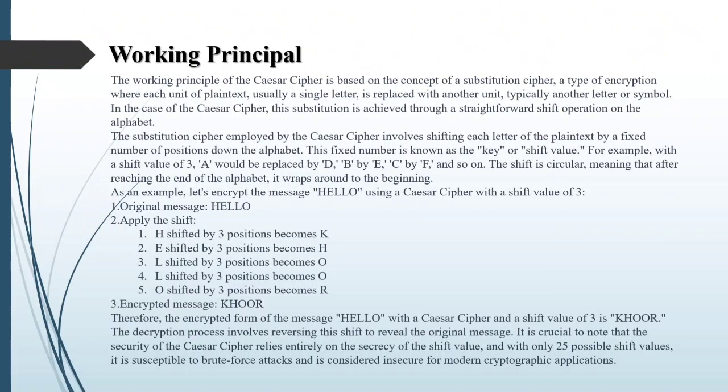Applying the shift, H shifted by 3 positions becomes K, E becomes H, L becomes O, again L becomes O, and O becomes R. The encrypted message is KHOOR. So the encrypted form of the message HELLO, with a shift value of 3, is KHOOR.